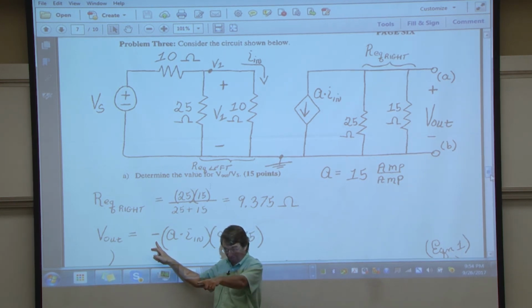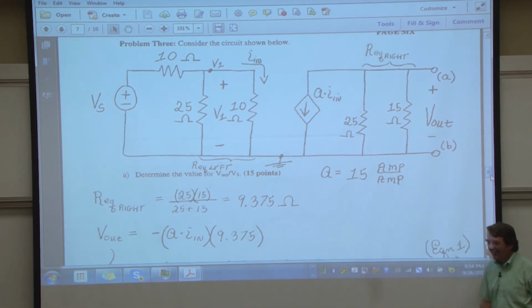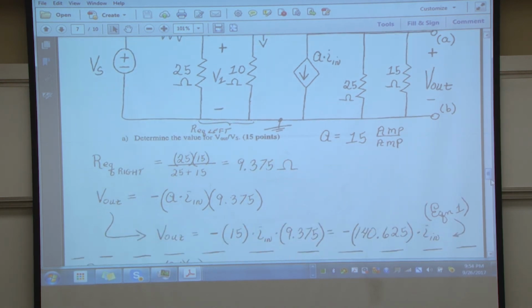So we got A I in times 9.375 equals V out, and I get V out is minus 140.625 times I in. We're about halfway through. How are we doing?